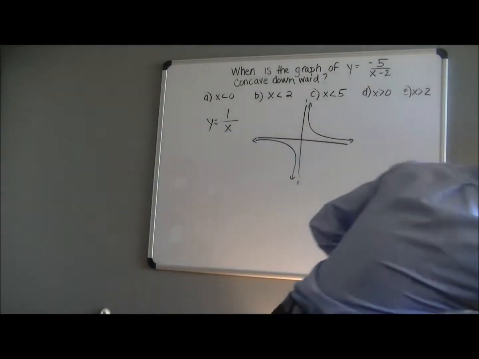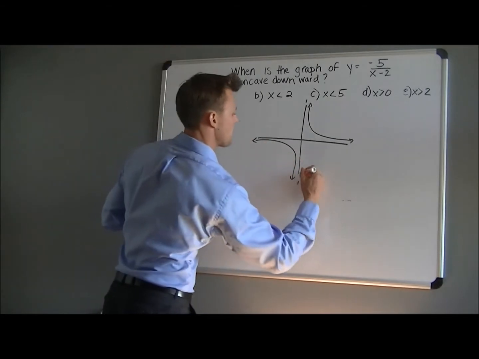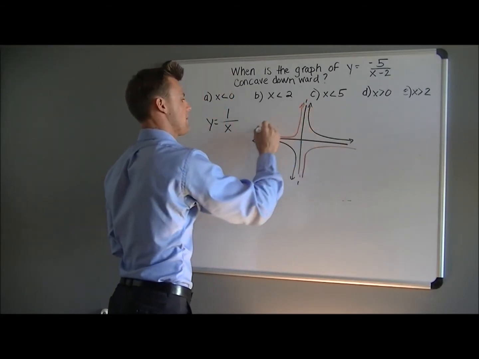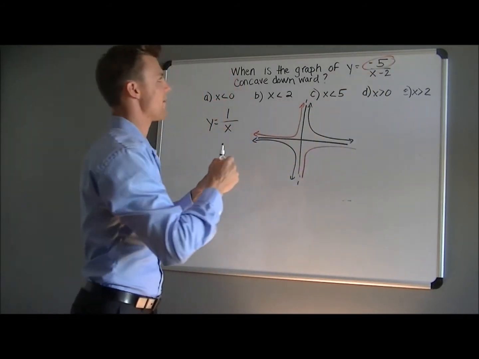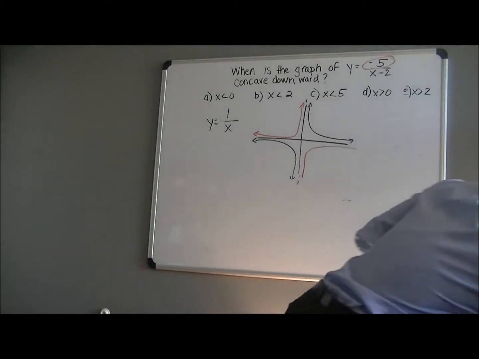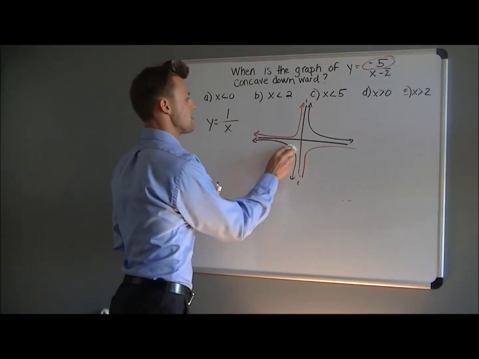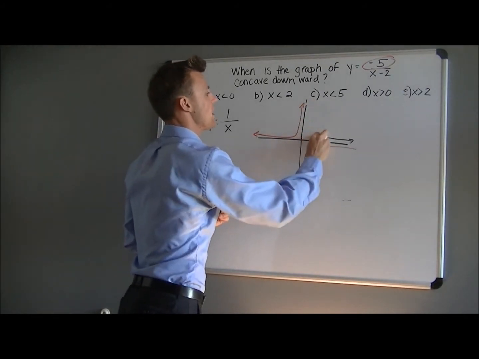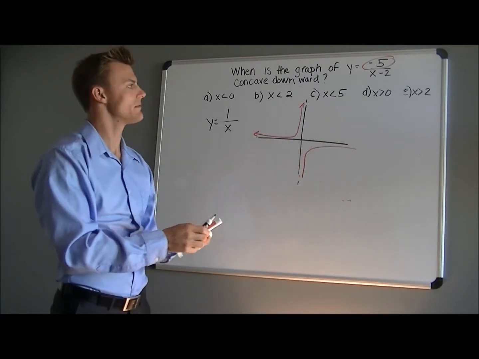So, let's apply that first. This red graph is what happens from the -5. It also makes it steeper, but it doesn't change the actual shape or concavity or locations of the asymptotes.